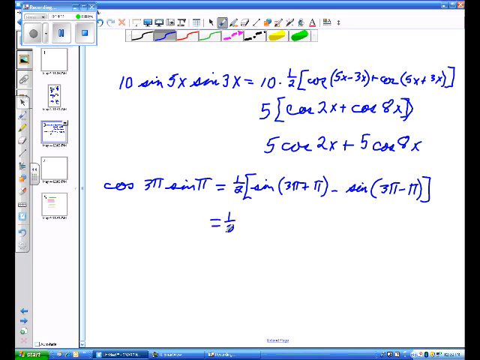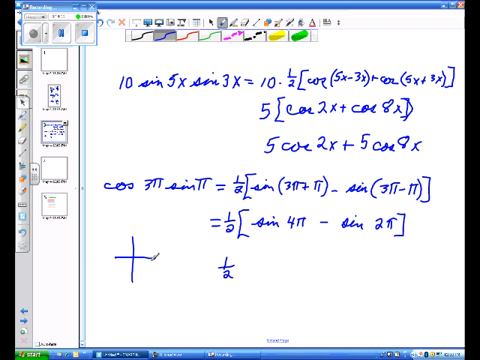That equals 1/2 the sine of 4 pi minus the sine of 2 pi. Now, since we have an angle, we can actually evaluate this. 4 pi. Okay, if we start at 0 and we go all the way around, that's 2 pi.